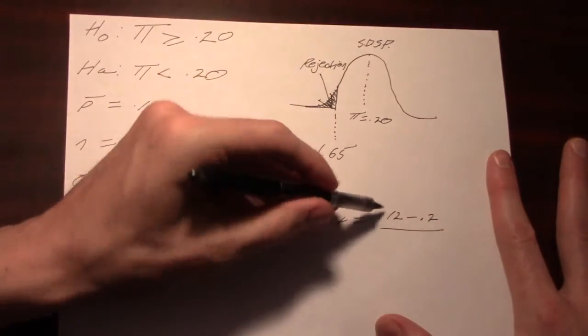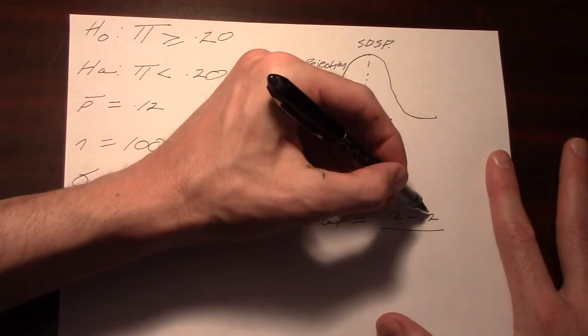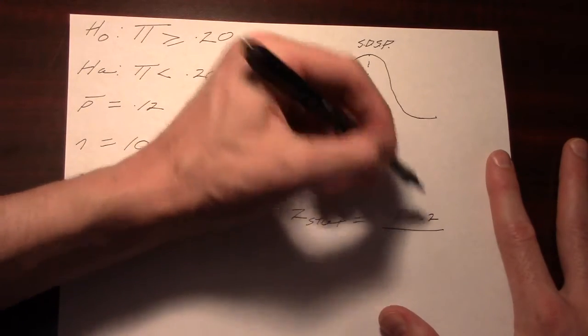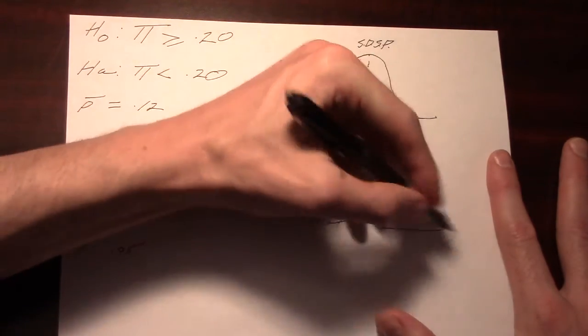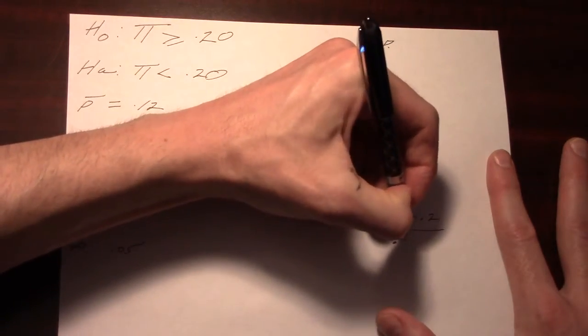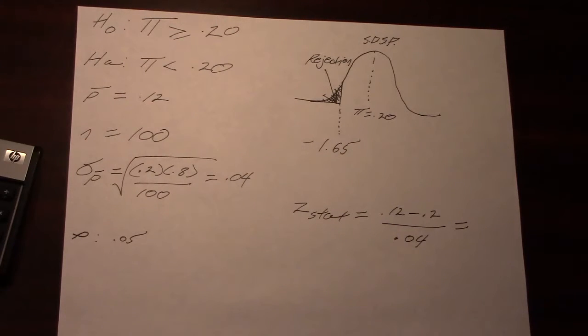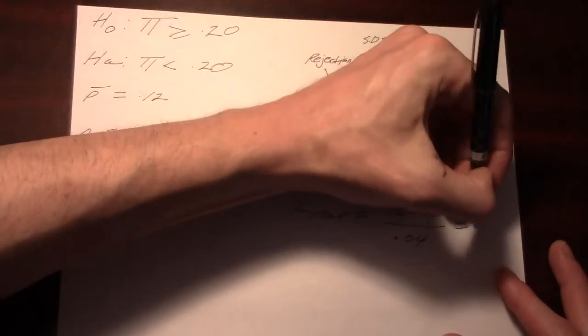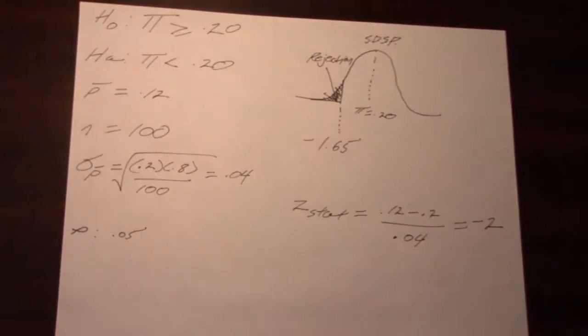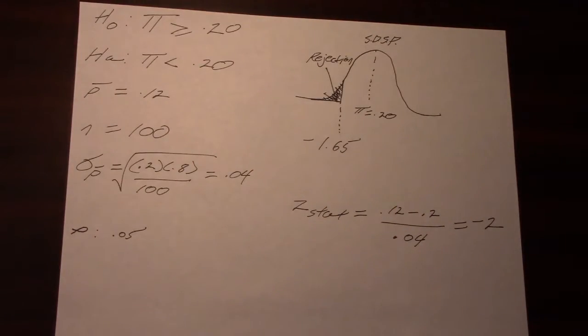That's the difference between our sample proportion and the assumed proportion under the null hypothesis. Divide by the standard error, 0.04, equals, check it out, negative 2. So we've got a z-stat of negative 2.